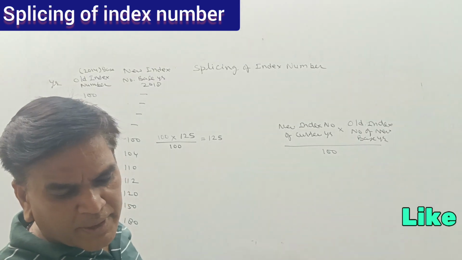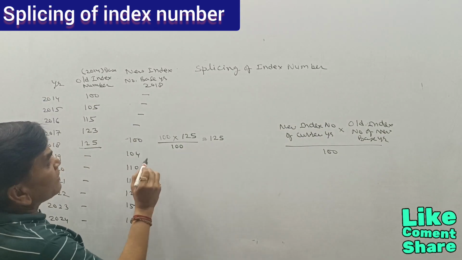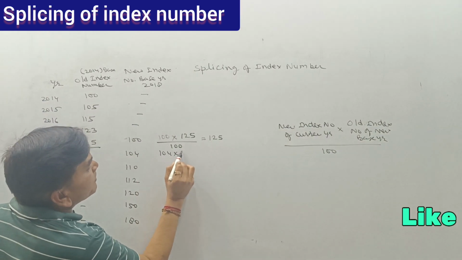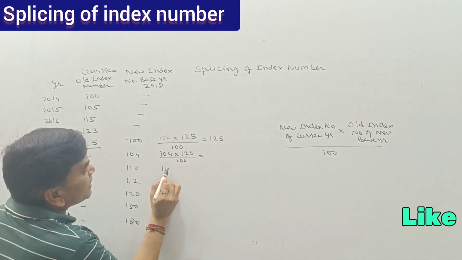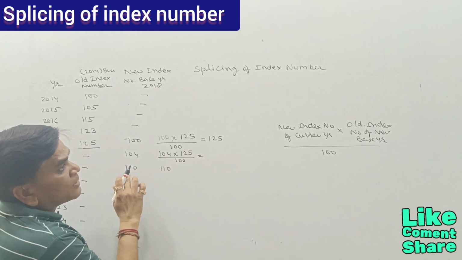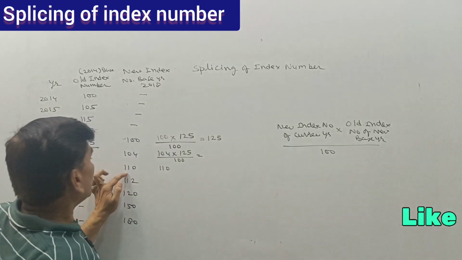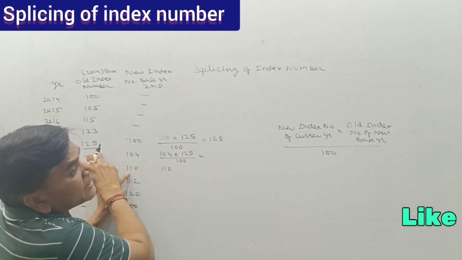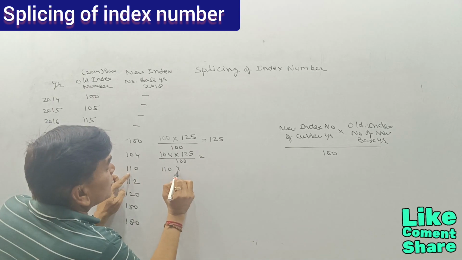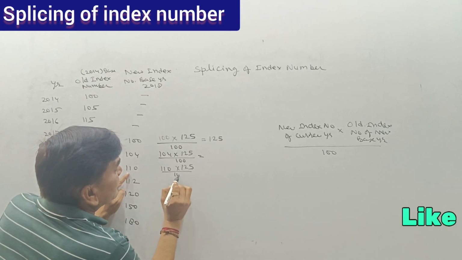The first one is 125. Second, 104 multiplied by 125 divided by 100. Third, 110, the new index number of the current year, multiplied by the old index number of the new base year divided by 100.